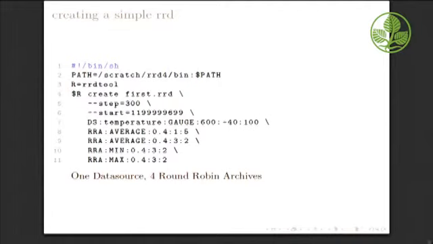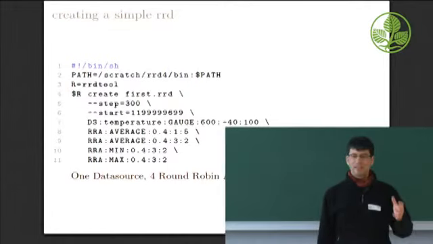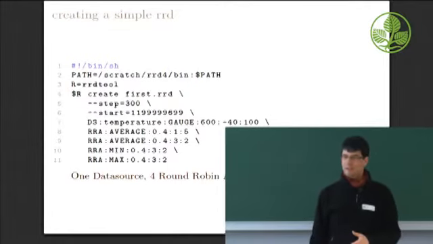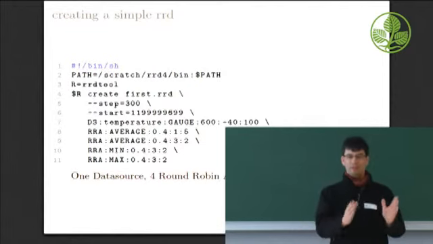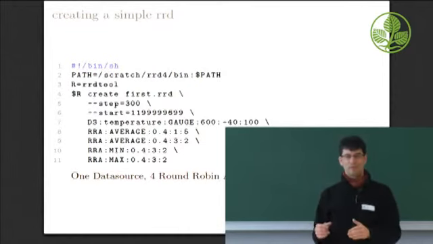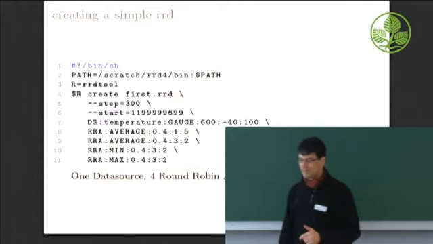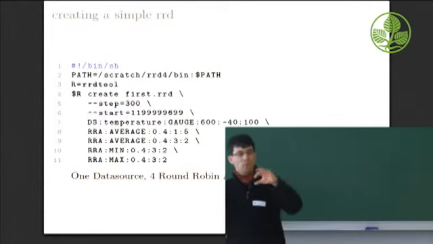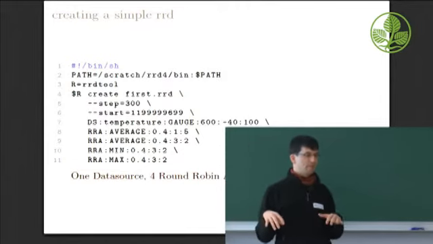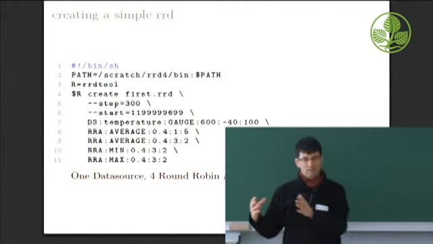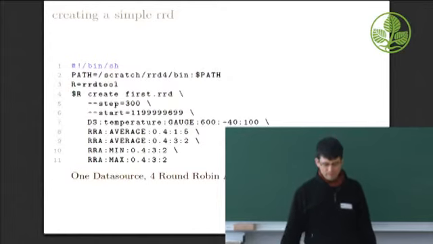You can feed data as quickly as you want in 1-second intervals if you like to, but the data will get resampled to 300 seconds on storage. So it'll only store things every 300 seconds. But it'll take all the input you give to RRDtool into account. It'll just not be stored individually.